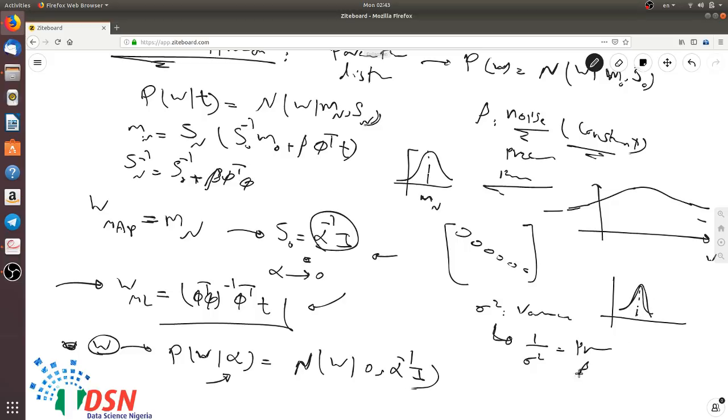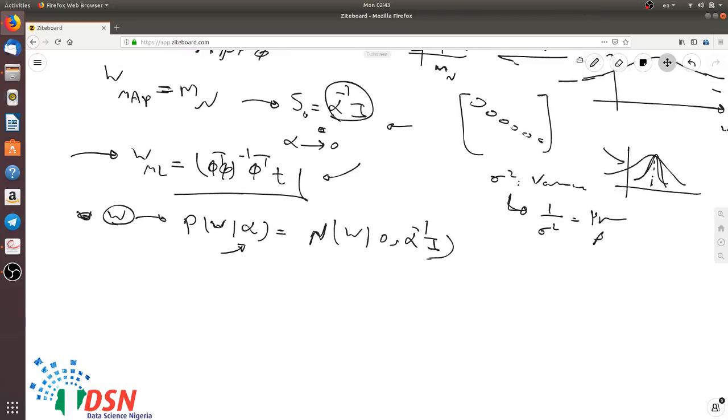The parameter beta is higher if we have something like this in comparison with something like this. But in this case, we know that the variance is higher. So it is just the inverse of variance. We call it the precision parameter.